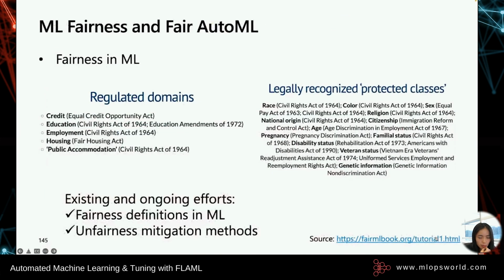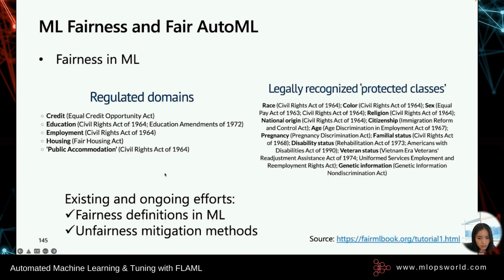The next ongoing work is about machine learning fairness in AutoML. In recent years, with the adoption of machine learning in a wide range of application domains, there have been increasing concerns about the fairness issue of machine learning, especially for application domains where the decisions have a direct impact on humans. In fact, there are many domains where explicit regulation about fairness exists in the US.